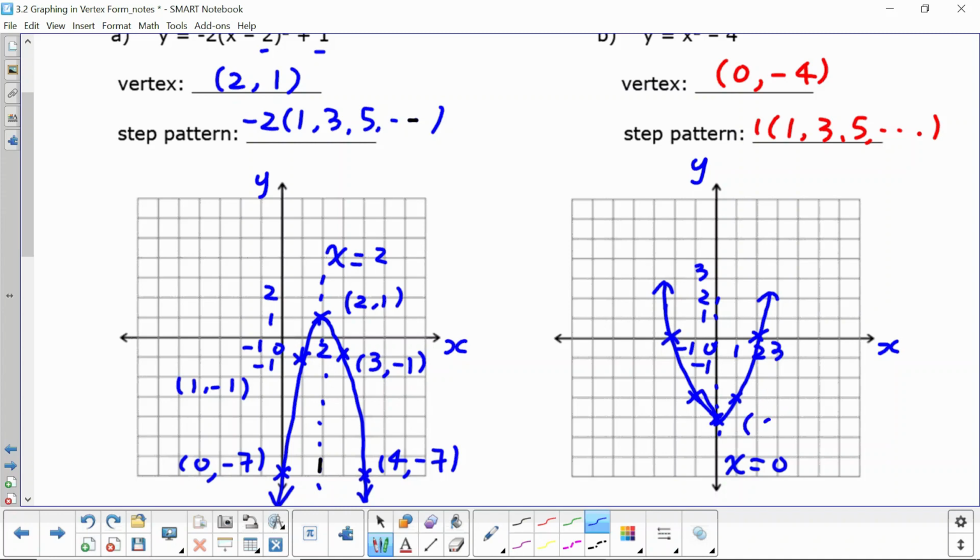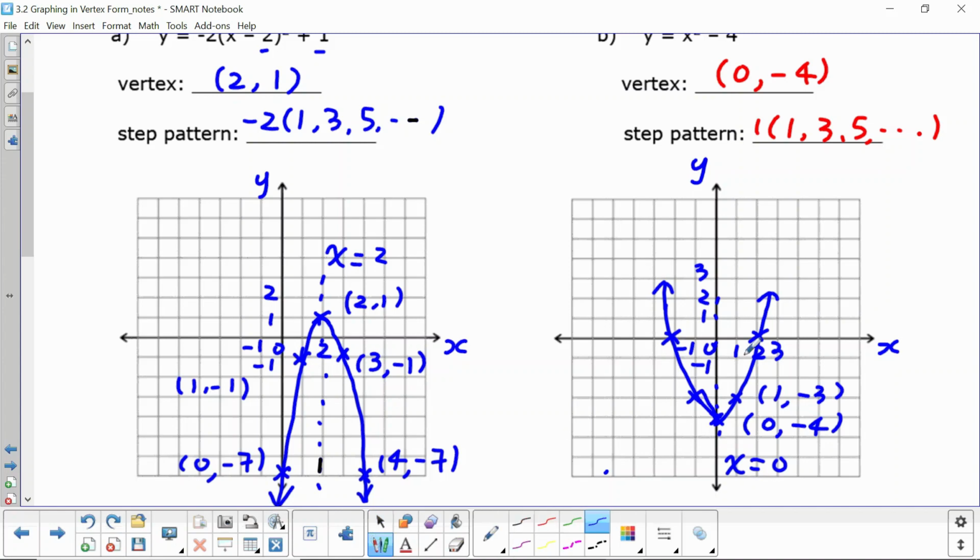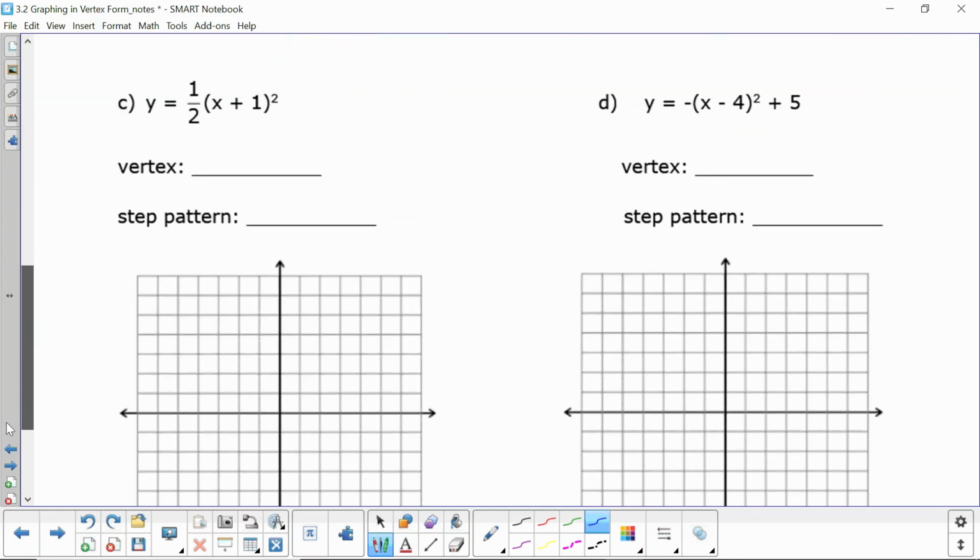This is (0, -4), and this point is (1, -3), and the next point is (2, 0). This side has 3 points, and this is the opposite side. The symmetric points are (-2, 0) and (-1, -3). You will find that the y values for the symmetric points are the same.